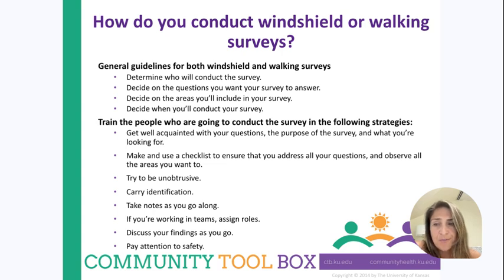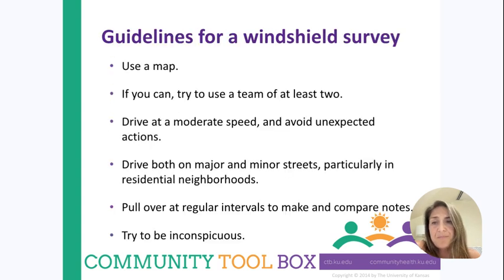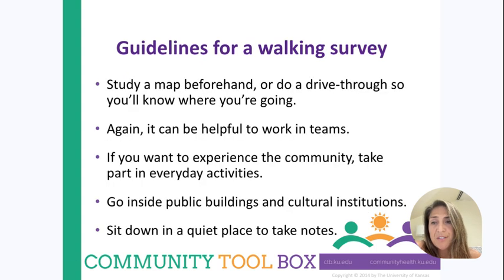You don't want to be intrusive or call attention to yourself. You just want to walk along and pay attention to the environment. Use a map, be in at least a group of 2, and see what you find. So you want to look at the map ahead of time, work in your group, and then think about community activities.